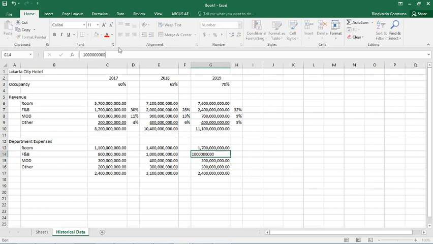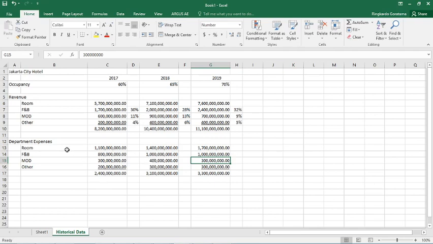I think we just put the same like here, right? So the expense is increasing every year.